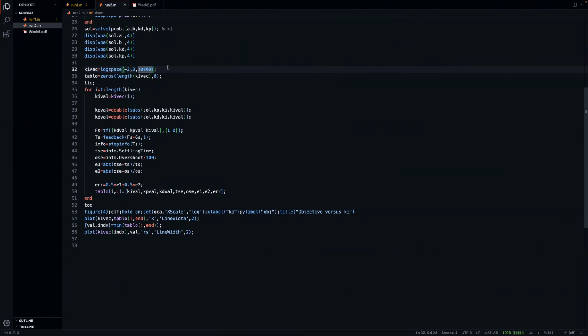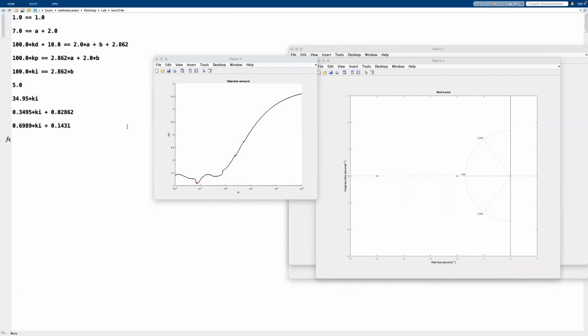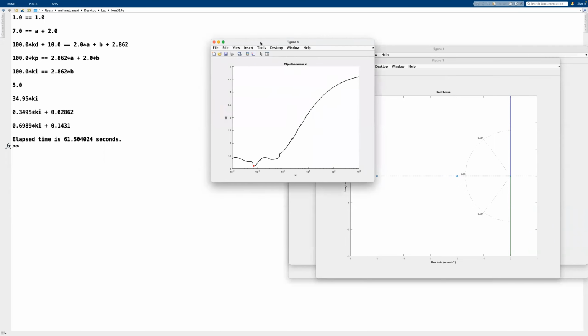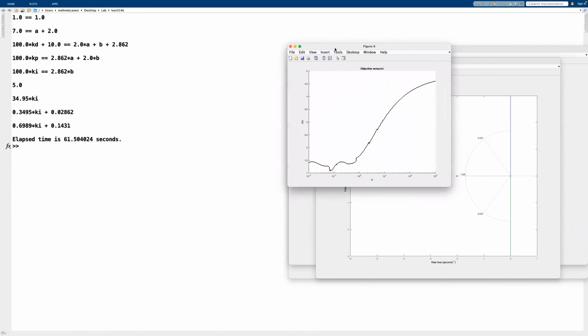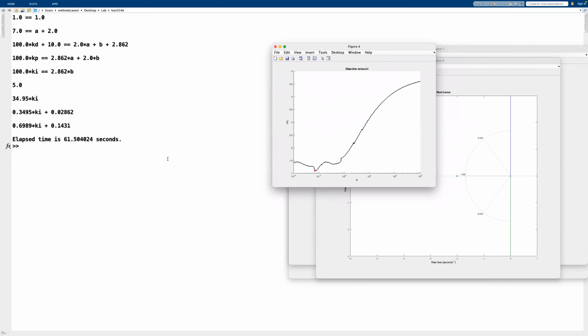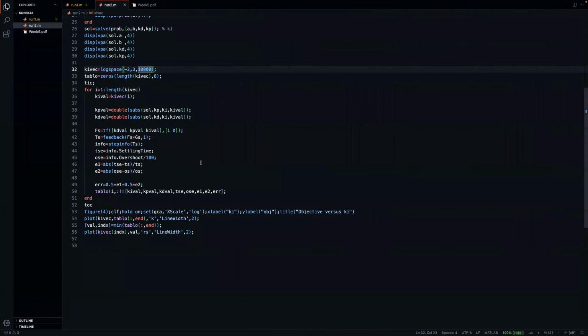So 10 to the 4, and 3 times of that. It's quite big. And this is exactly a minute now. As far as the computation power goes, if your computer is slower, you will get a higher time here. So what is the reason behind that?